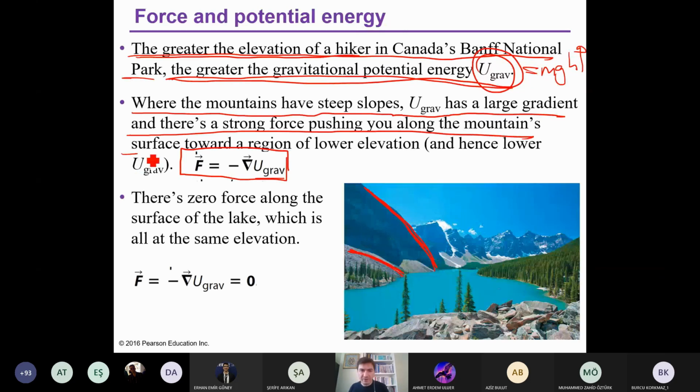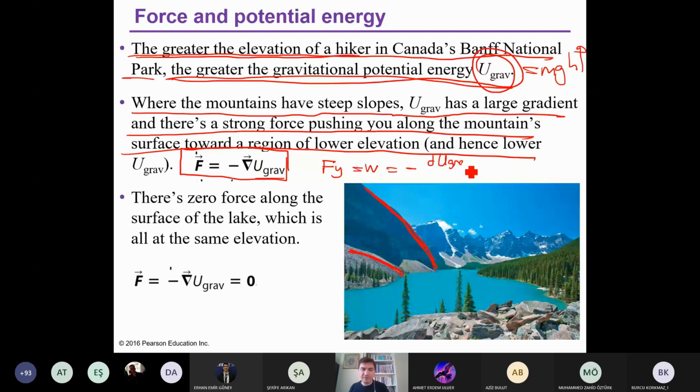So let me write the expression here, F_y, I mean the weight, which is given with minus dU gravitational over dy, okay, the y component of the force.